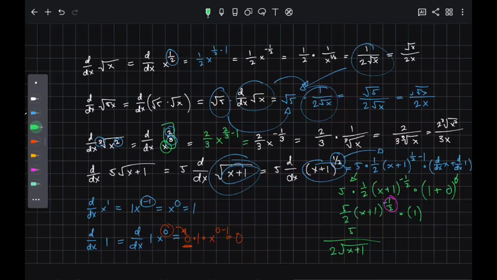Kind of similar to our square root of x, as you can see over here. So this is your constant 5, then just 2 and square root x, or what was inside the square root. So here we have x plus 1.